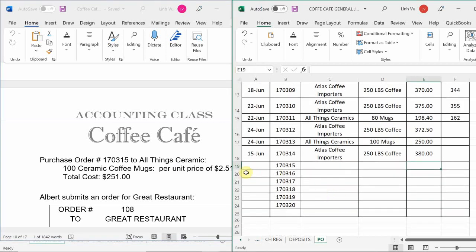Since there's a surge in our store, because we went from grand opening to now we have a bunch of customers, we need to stock up on our inventory. So here, All Things Ceramics, another 100 mugs for $251.